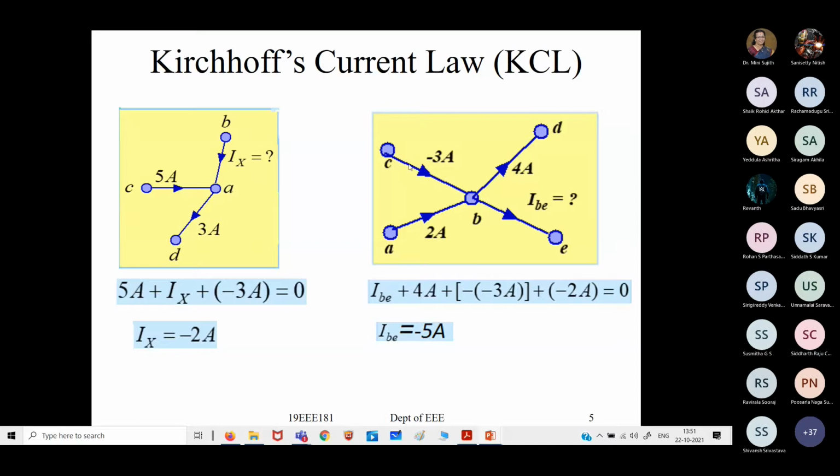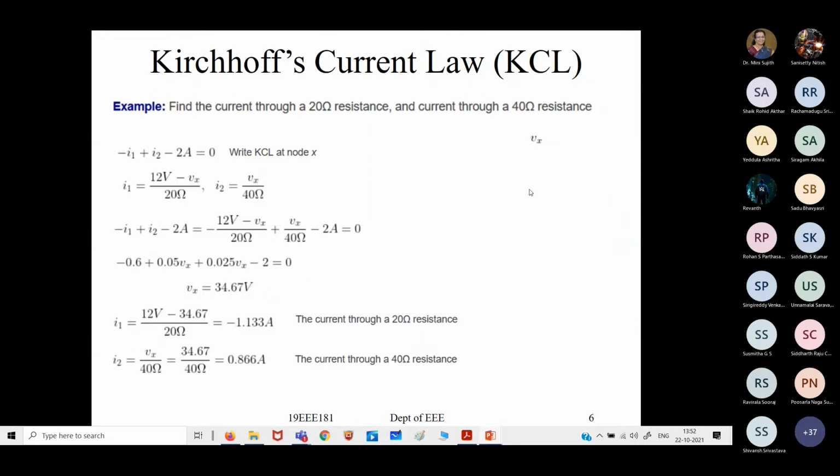Another example is also given, like IBE, that is the unknown current which needs to be found out, plus 4A minus of minus 3A, because already this is given as minus. So finally we find the value as minus 5 amperes. This is how we proceed calculating Kirchhoff's current law.